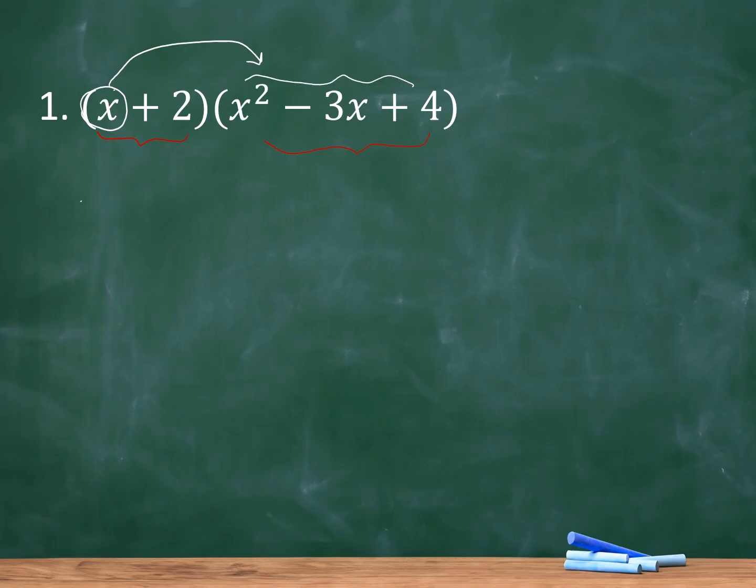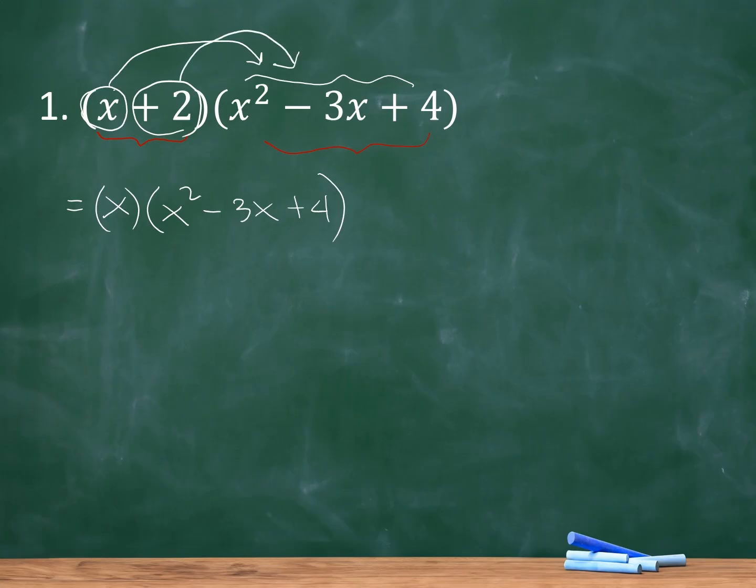So let's do that. X times the trinomial x squared minus 3x plus 4. And the next thing we'll do is we will multiply positive 2 to the trinomial. So positive 2, we will multiply it to x squared minus 3x plus 4.